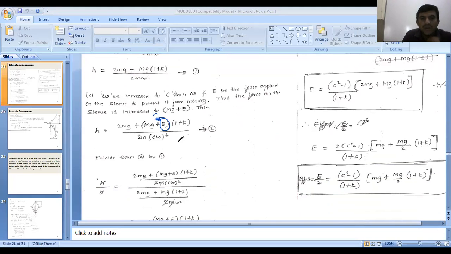Dividing equation 2 by 1, the left hand side is h by h, which gets cancelled. On the right hand side, 2 times (mg plus capital Mg plus E) times (1 plus k) whole divided by 2 times m c omega whole square, whole divided by equation number 1: 2 times (mg plus capital Mg) into (1 plus k) whole divided by 2 times m omega square. Now 2 gets cancelled, m gets cancelled.